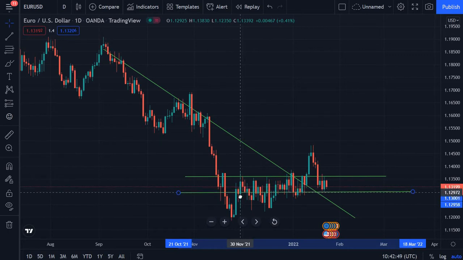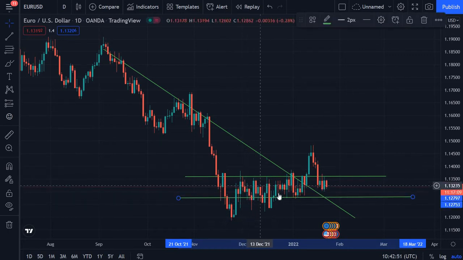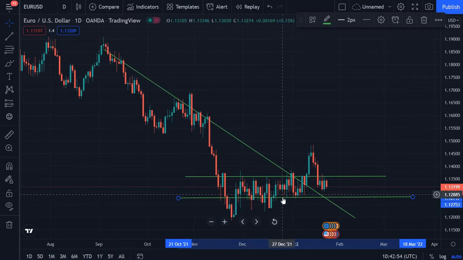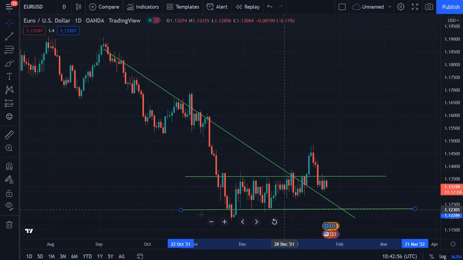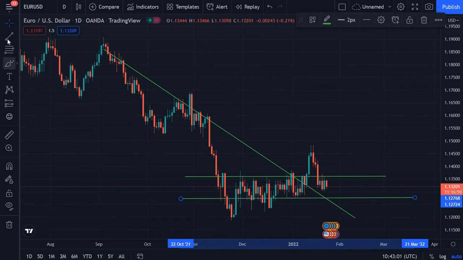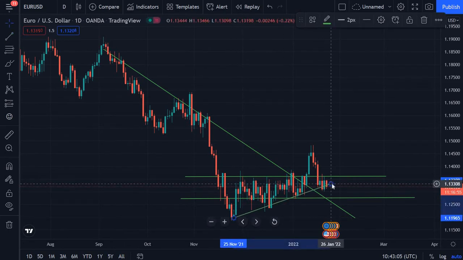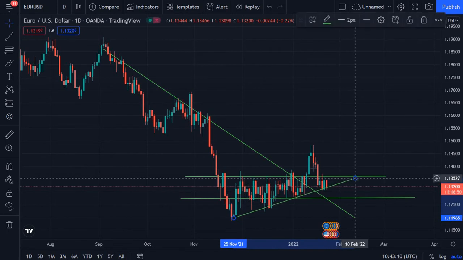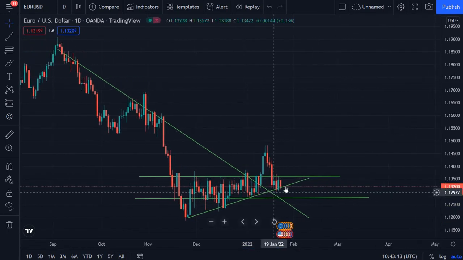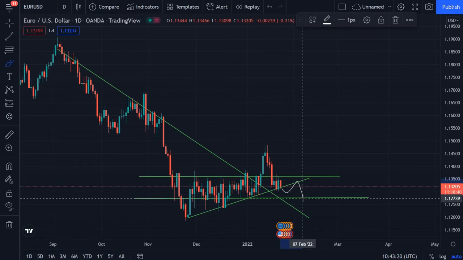This is the first one, but this is the bigger zone, and this would be the completely big zone. But the bigger zone is actually forming a bit of a triangle. So we are forming all kinds of patterns at the moment, and a break below this triangle would mean a retest to this support area.